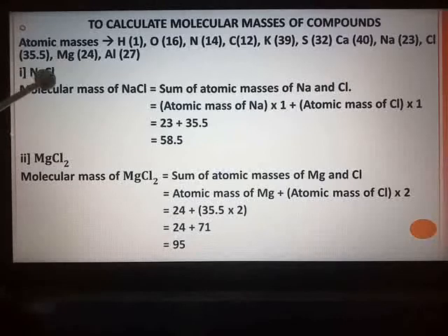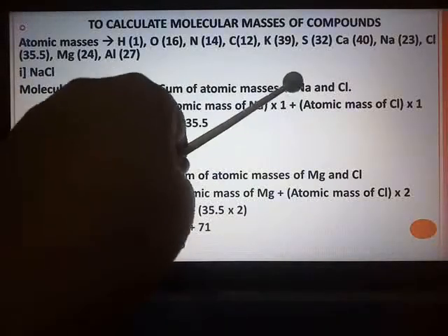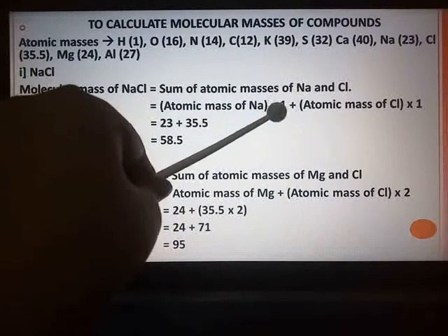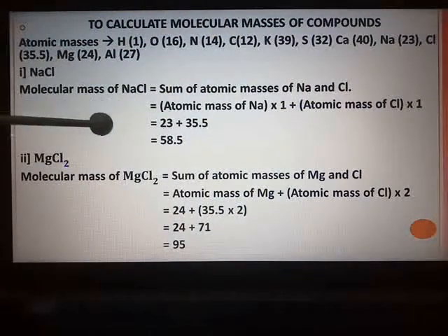Calculation of molecular mass of NaCl. Atomic masses of the elements will be provided to you. The two elements here are Na, that is sodium, and Cl, that is chlorine. So the molecular mass of NaCl is the sum of atomic masses of Na and Cl. As you can see, Na is 1 and Cl is also 1. So atomic mass of Na multiplied by 1 plus atomic mass of chlorine multiplied by 1.